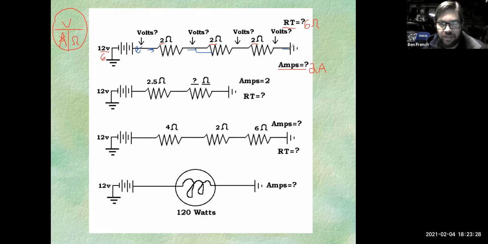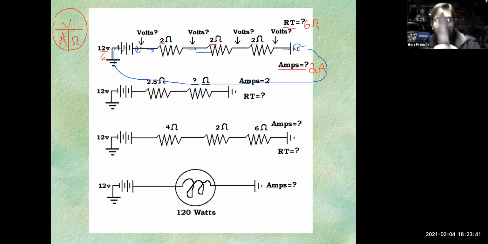They've got to be flowing over here to ground, and they've got to be flowing all the way back to the other side of the battery, right? So that makes sense that the current flow is going to be the same, because there's only one path for the current to flow. So I got 2 amps in that circuit.